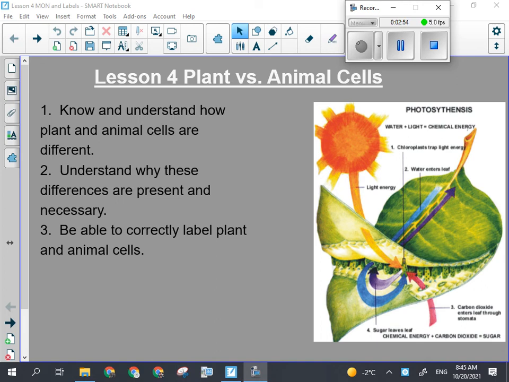Fungi can be decomposers, which means they feed on the organic material from dead organisms, be they plant or animal. If you leave a loaf of bread in the pantry and don't eat it, it gets furry. That's fungi growing on the organic material that is the bread. Or you leave potatoes for too long, they start to get soft and slimy. And again, it's a fungus that grows in them.